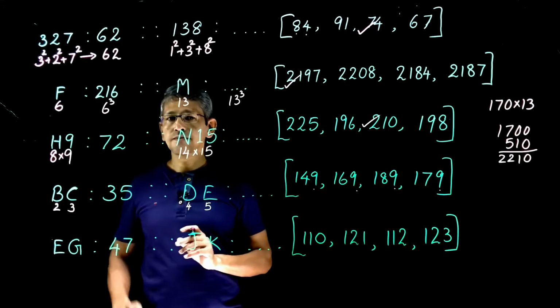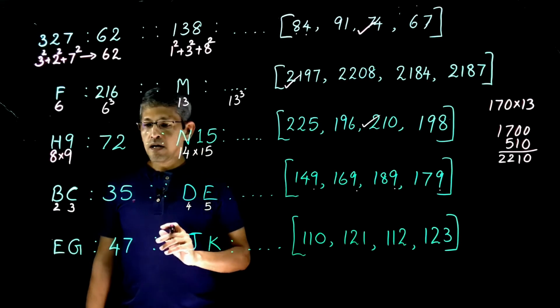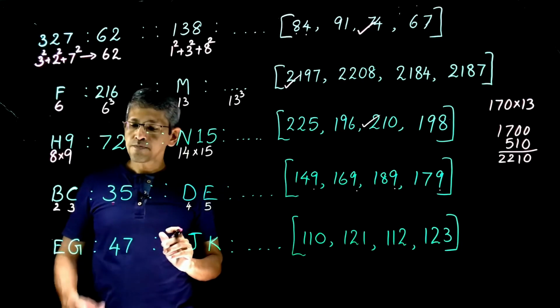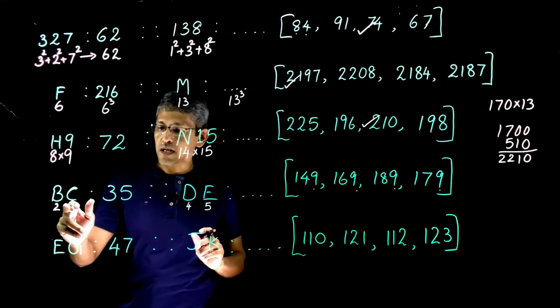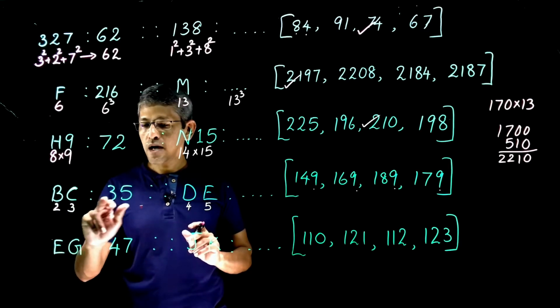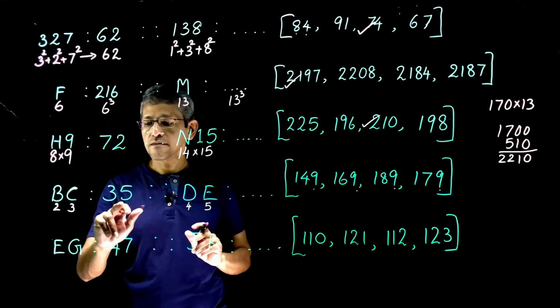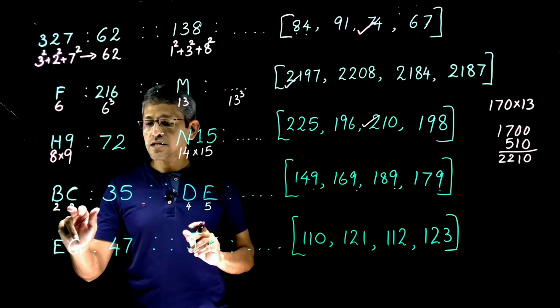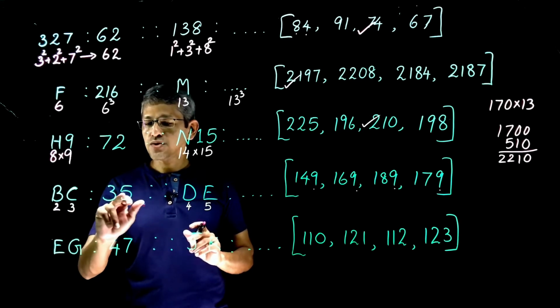Check it out. The next thing we have in our mind is 2 into 3 is 6, and this is 35. Well, 6 into something is 35?